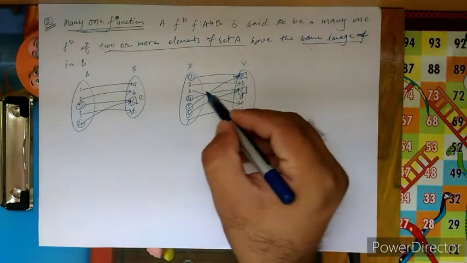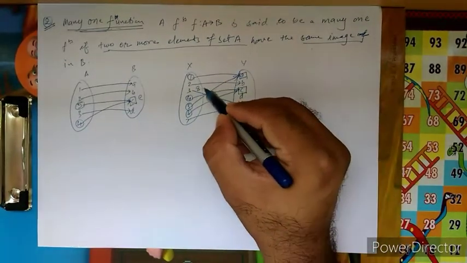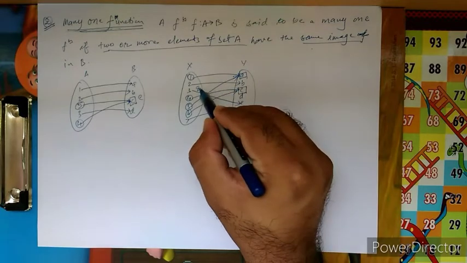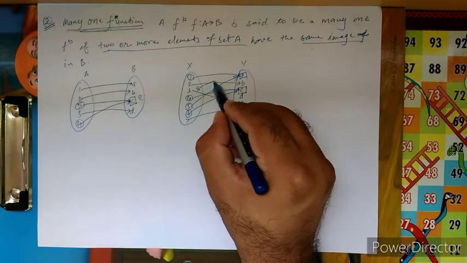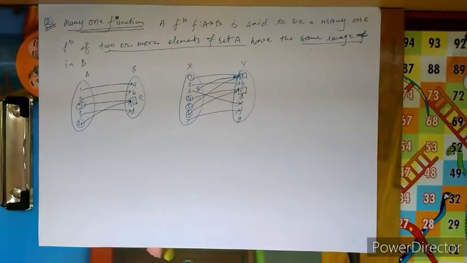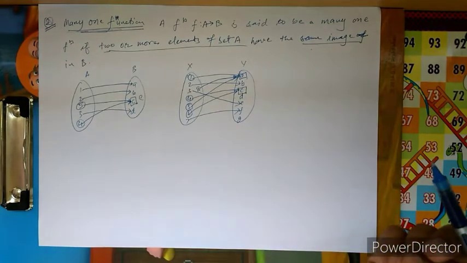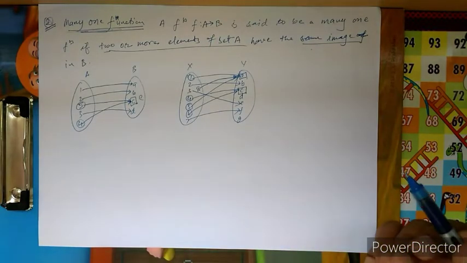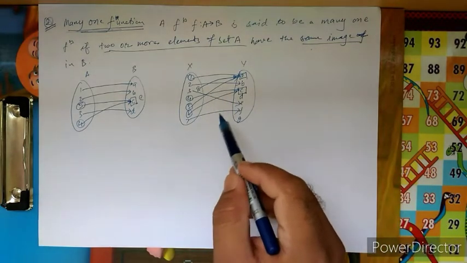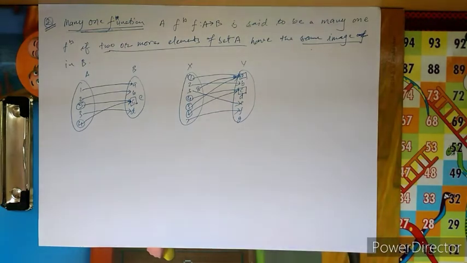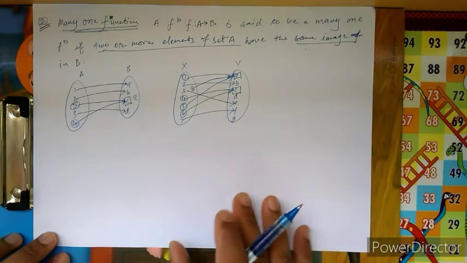If let us say 8 is there, then also according to this definition we can put one more image to A, or C also we can do. Then two or more elements of set A have the same image in B. It is also happening in this situation. That's why I explained this. One should understand why it is important. We will solve questions, then you will come to know.